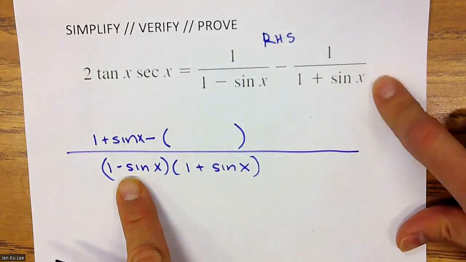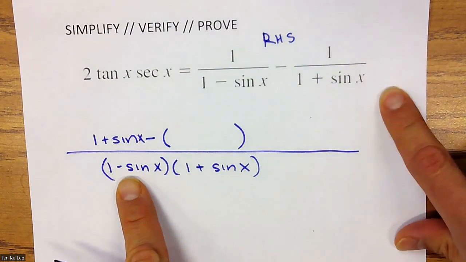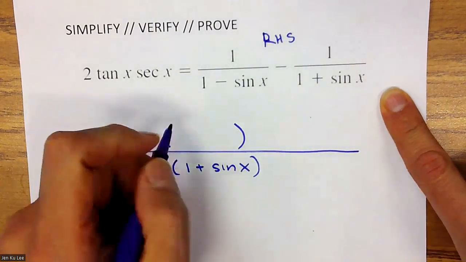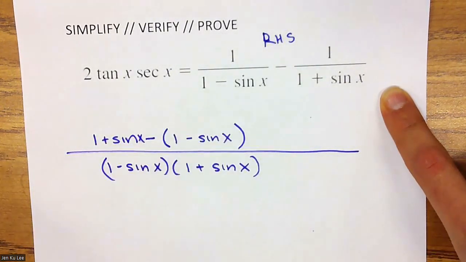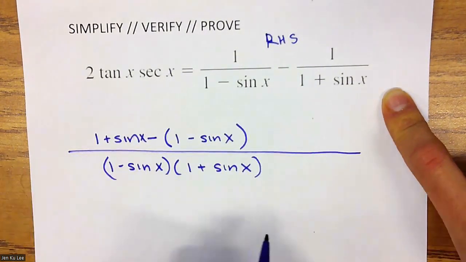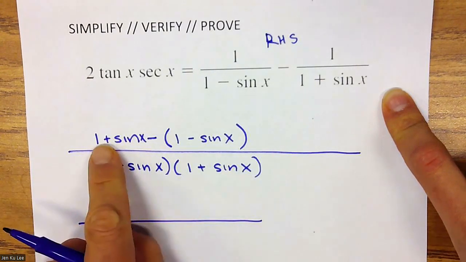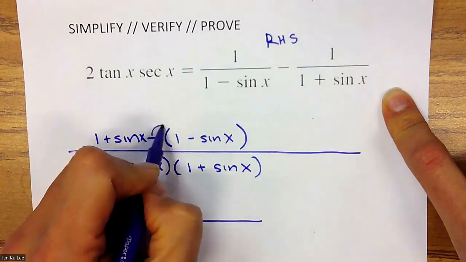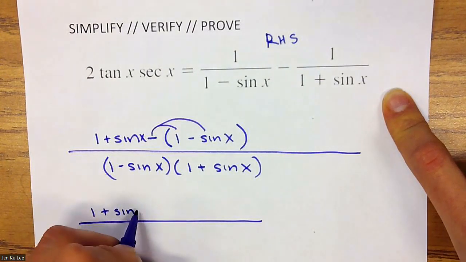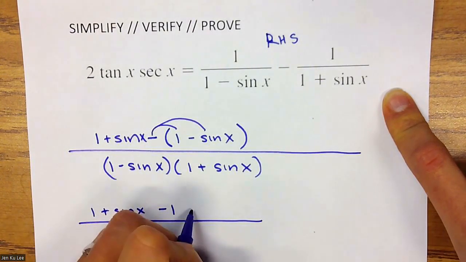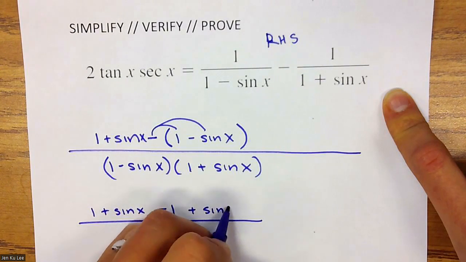So I'm going to multiply numerator and denominator by 1 minus sine of x. Okay. Now in my top, I'm going to distribute out this negative. So 1 plus sine of x minus 1 plus sine of x.